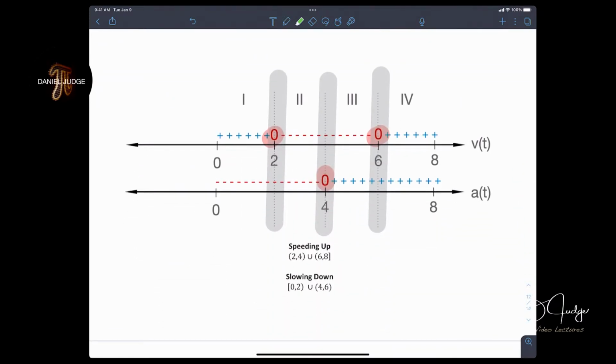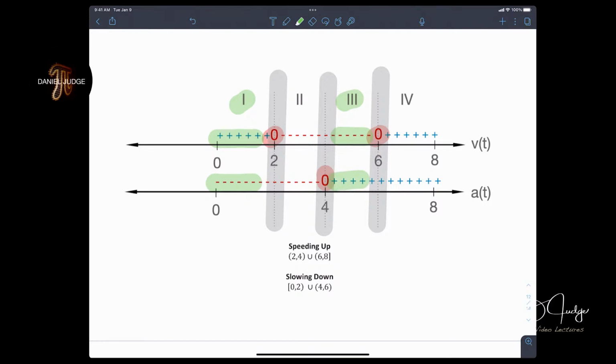So if you line it up this way, which I did here, nicely and cleanly, we'll do this again. Go through region 1 and you notice in region 1, the signs are opposite. So I'm just going to say, see, this is positive, this is negative. They're opposite signs. This is what we're talking about. Region 3, velocity and acceleration have opposite signs.